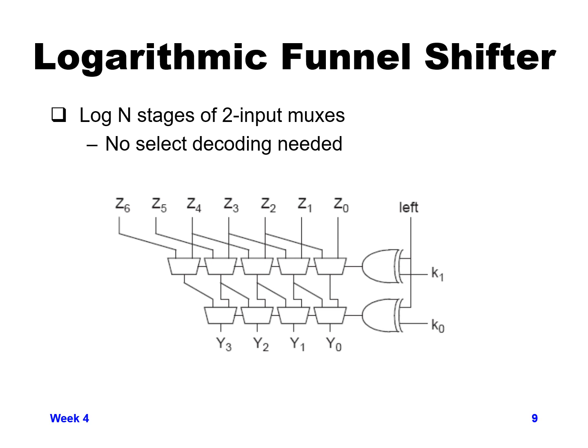We have the same Z0 through Z6 that we were using before, but we hook up 2-to-1 muxes to them in such a way that the connections go to the first 2-to-1 mux, and then we have a second 2-to-1 mux following it. Instead of decoding, we just have an XOR function for the left shift happening, and then K1 and K0 controlling the select to each row of 2-to-1 muxes.